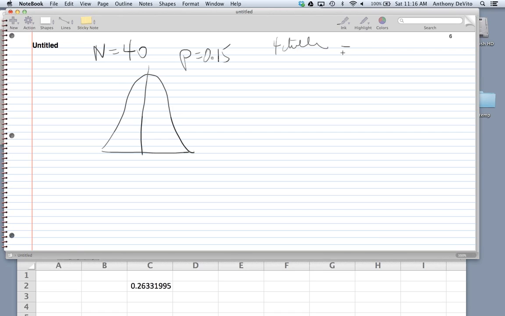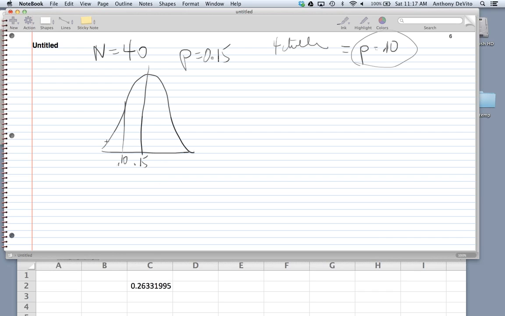Well, 4 children is a proportion of 10% out of 40, 0.10. What's the probability that if we took samples from this population, where the proportion is 0.15, we get a result where only 10% of those 40 children are underweight?